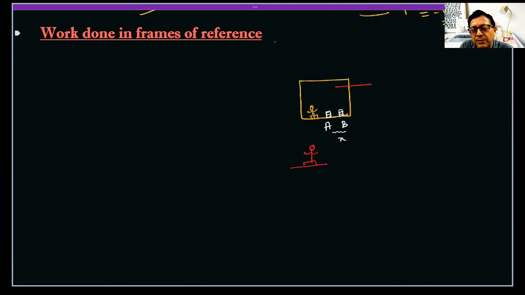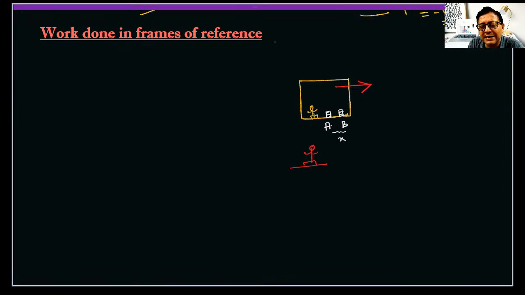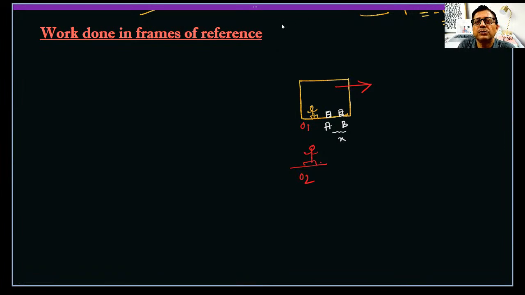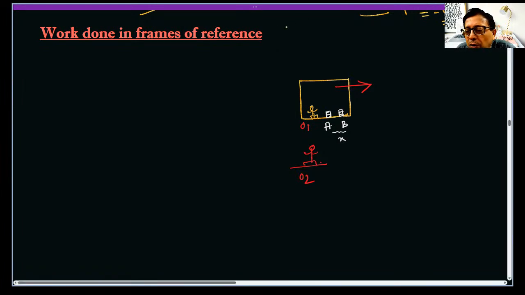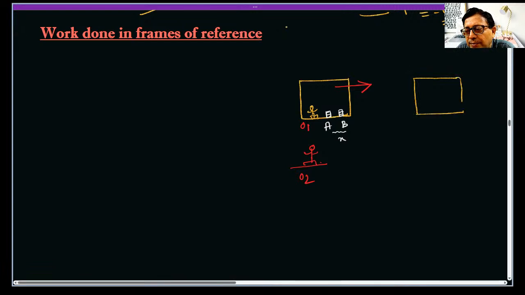This car or train is moving with some velocity, so that when you have displaced it by x with respect to this, this is observer 1, this is observer 2. Displacement with respect to observer 2 will not be x. This object moves here, say. Object goes there.